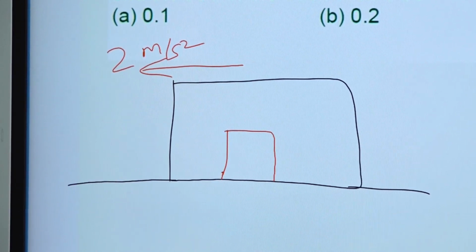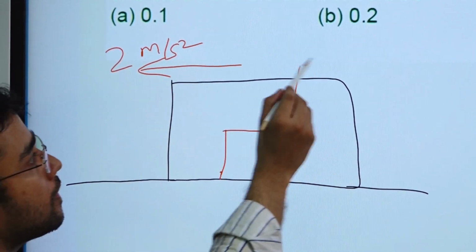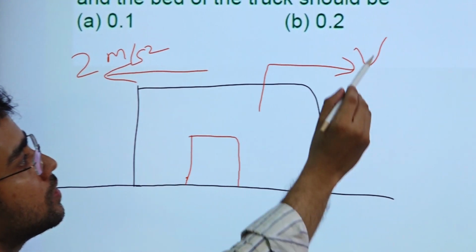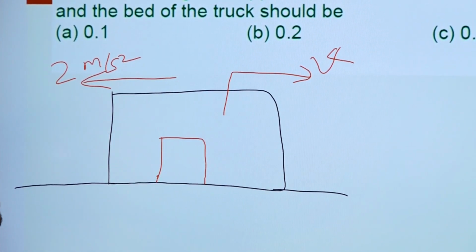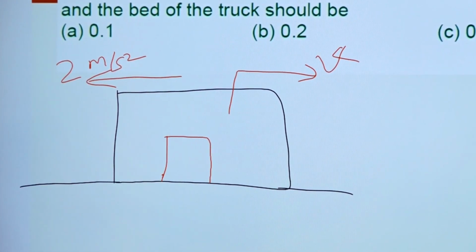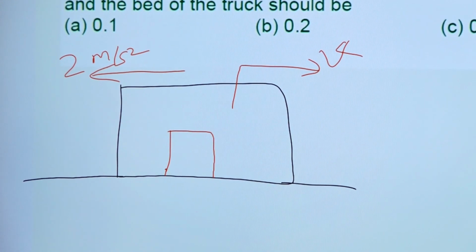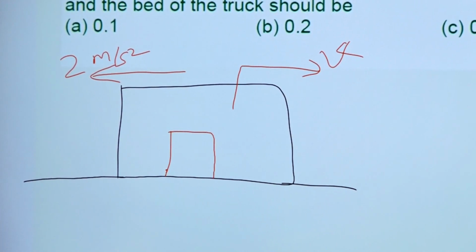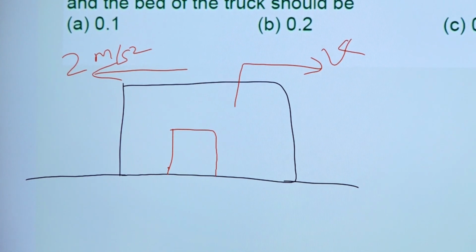It is moving in positive direction. Velocity is in positive direction, but acceleration is in negative direction. So acceleration in negative direction is called deceleration, right? So 2 meter per second square will be deceleration. To prevent the box from sliding, the approximate value of static coefficient of friction.